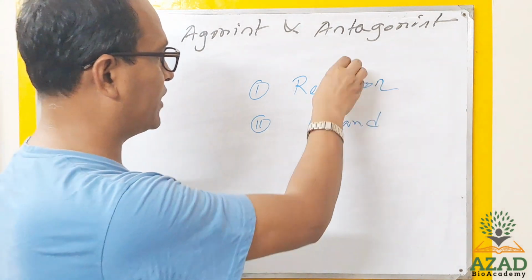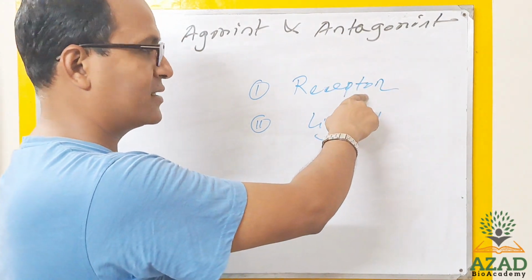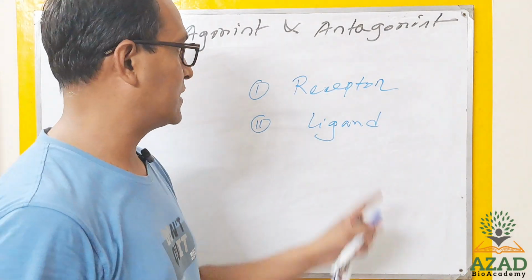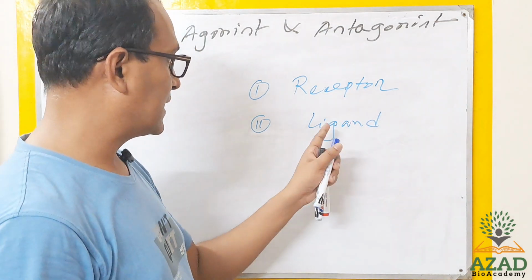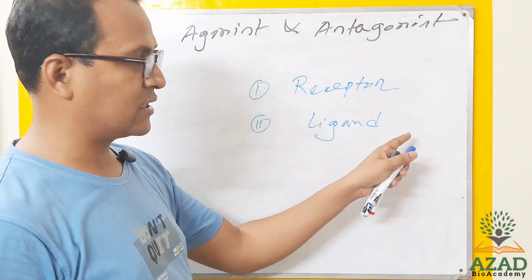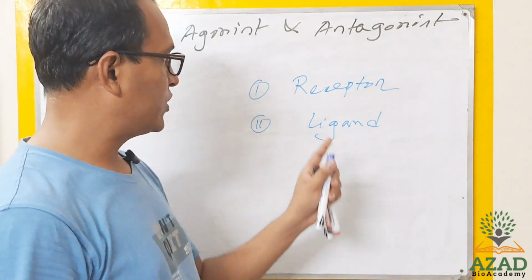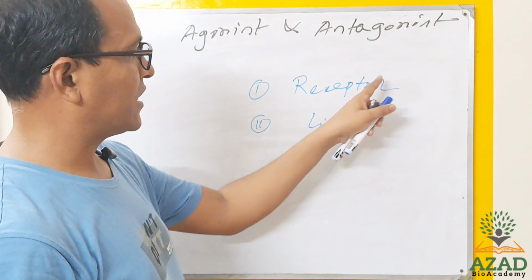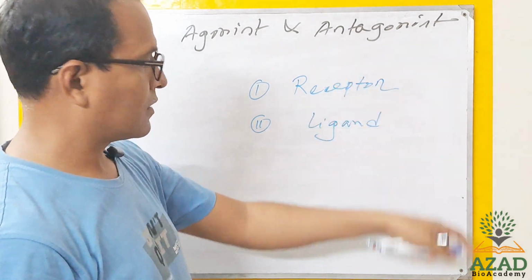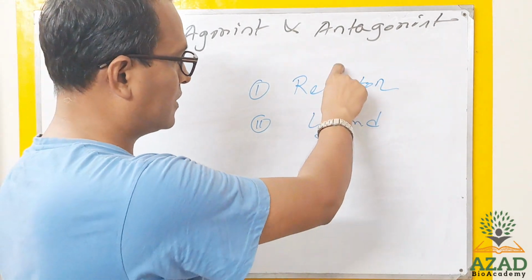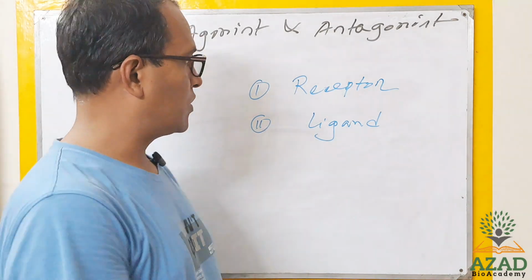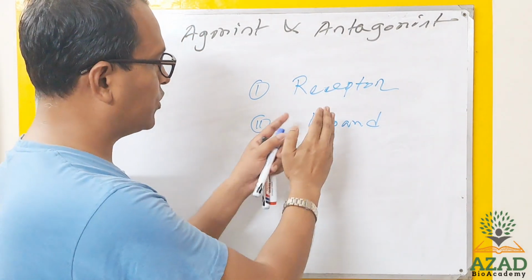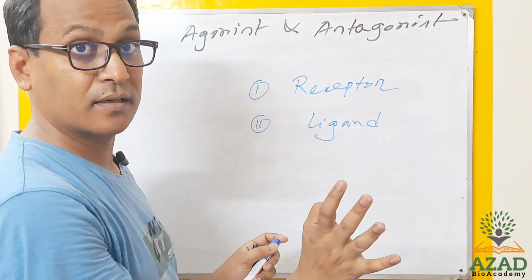That means the one on which a drug or ligand will bind and give its response is called a receptor. And a ligand is any endogenous or exogenous substance which will bind with the receptor and which has the ability to change the biological response, change the conformation of the receptor, or which can block the receptor. That means whatever binds the receptor is the ligand.